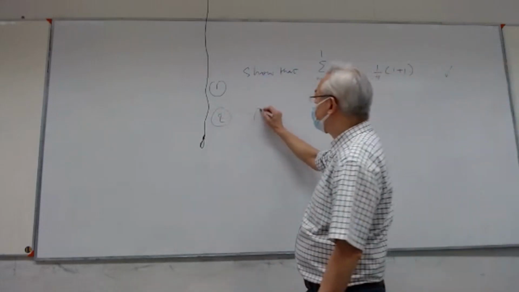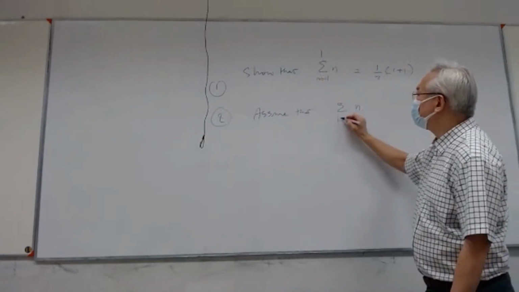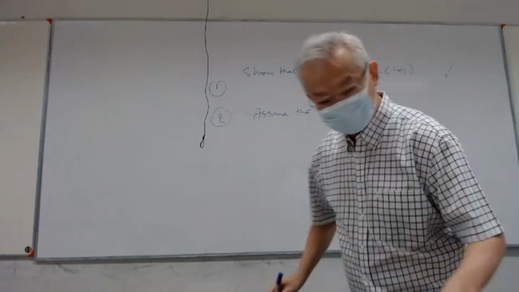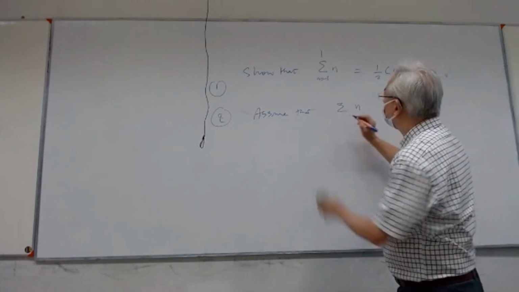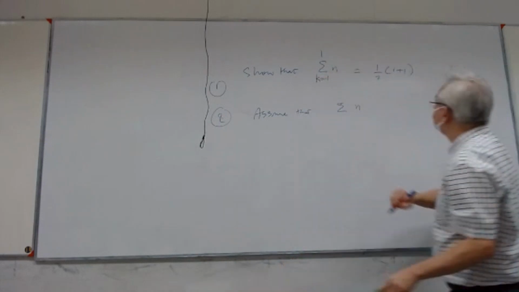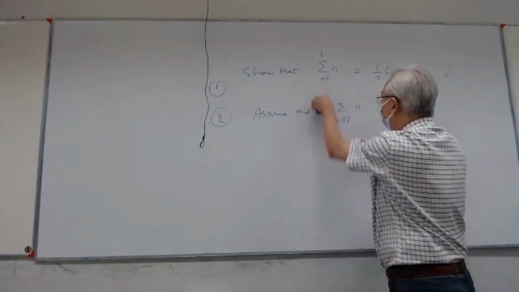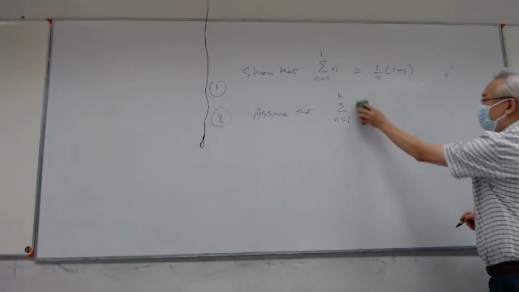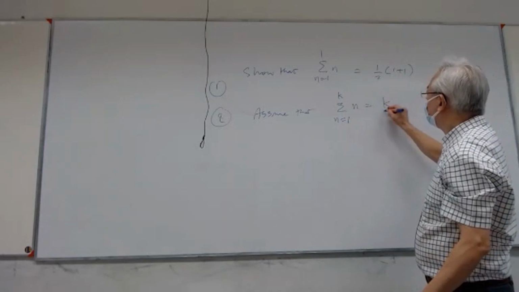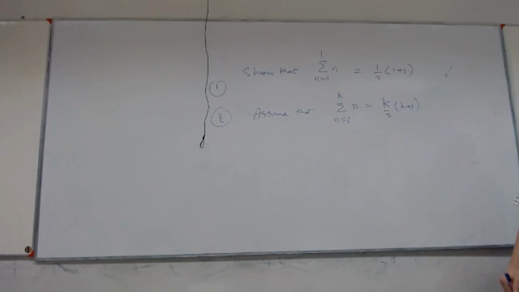So we assume that the summation of n from 1 to k is equal to k over 2 times k plus 1. This is our A(k). We assume that this is true.